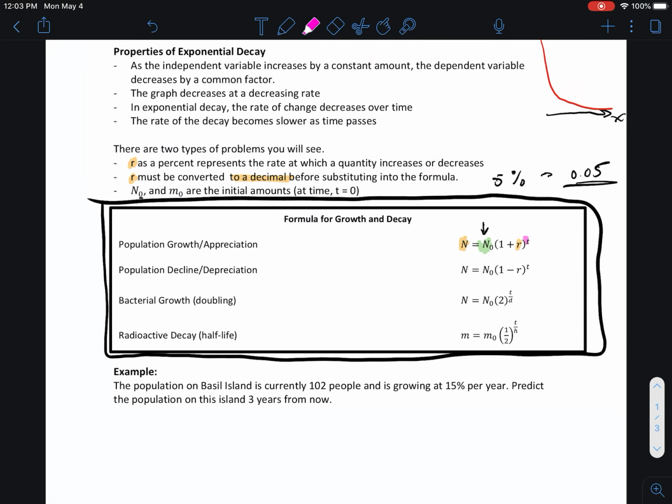So what are you starting with? That's going to be n naught, okay? And the last part of this is a very straightforward one: time. How long is something being invested for? How long are environmental conditions being forced upon a population? Stuff like that, okay? And then you can see the only difference between growth and decline or decay would be the presence of this minus sign.